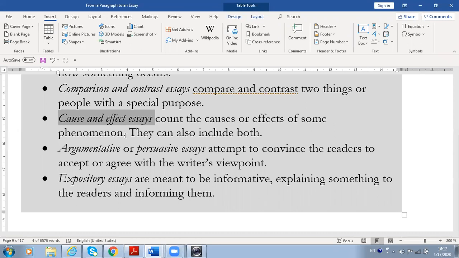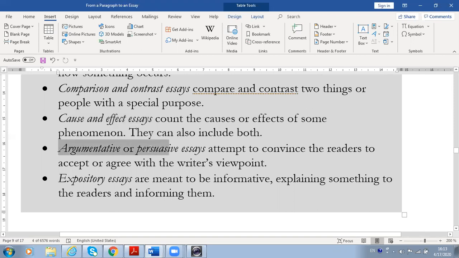Or sometimes you're just talking about the effects. What are the effects of, for example, air pollution on the environment? Or what are the effects of unemployment in the society? This is called cause and effect essays.